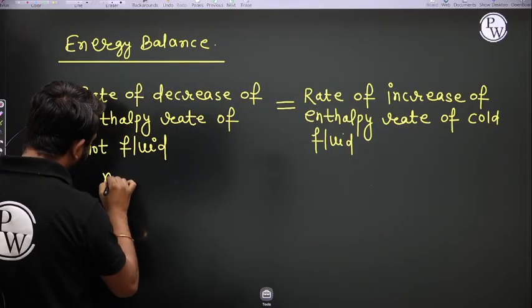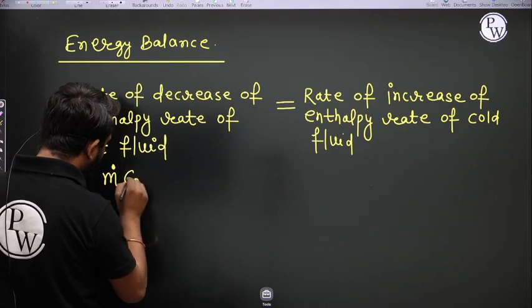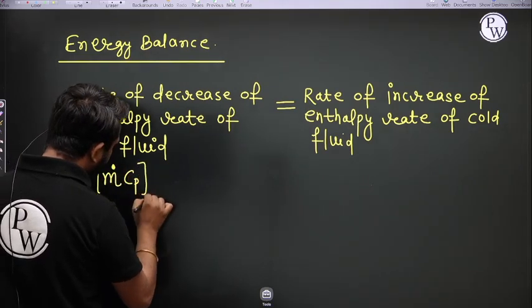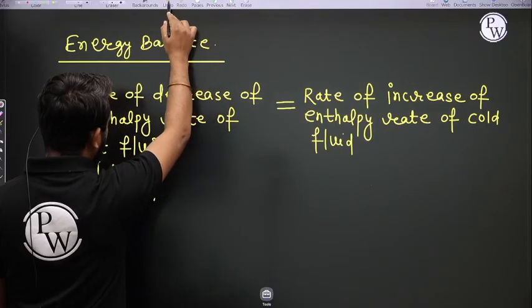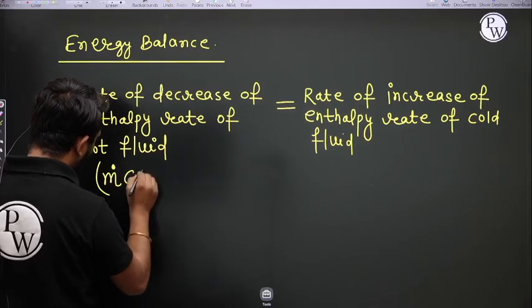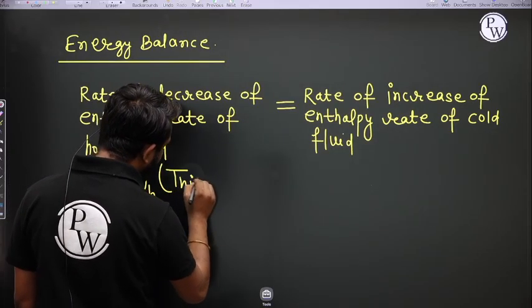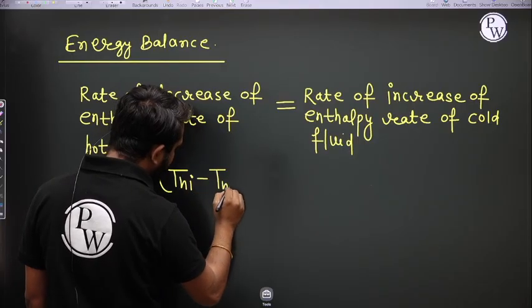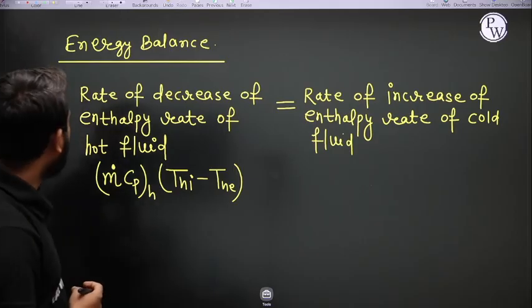This is m dot Cp of hot fluid into (Thi minus Tho). So this is the rate of decrease of enthalpy rate of the hot fluid.